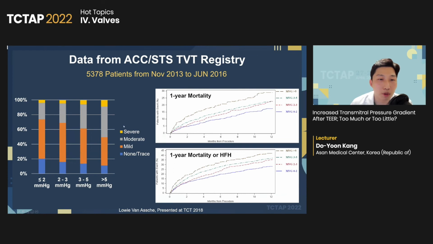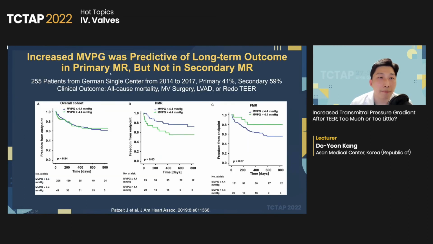And also, the patient with the higher gradient had more severe or moderate residual regurgitation, and all-cause mortality or heart failure hospitalization was higher in the patient with the higher mitral valve gradient. So we can say that the increased mitral valve pressure gradient was predictive of long-term clinical outcome.